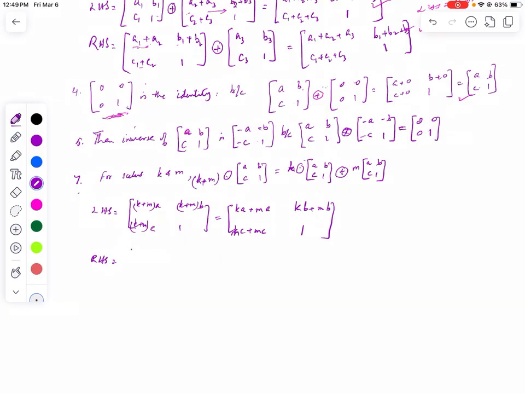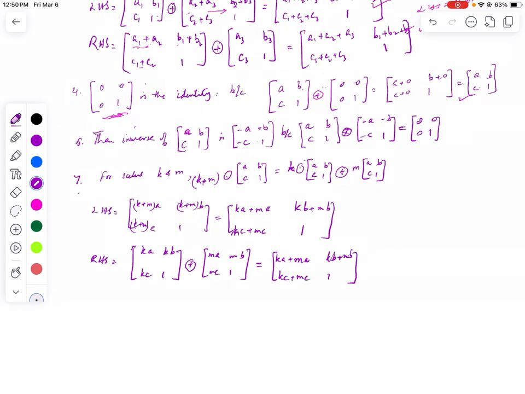The right hand side will be first k times (a, b, c, 1) plus m times (a, b, c, 1), which will give us ka plus ma, kb plus mb, kc plus mc, 1.